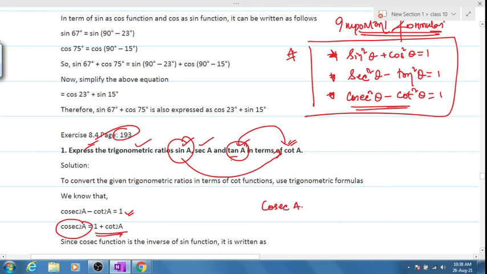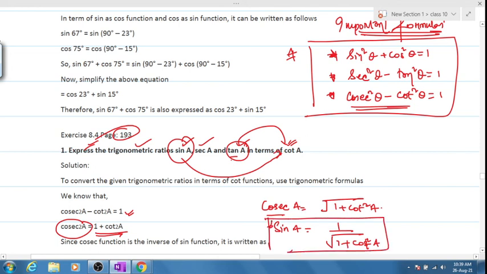Therefore cosec A will be equal to root over 1 plus cot squared A, yes or no? So what will be sine A? Sine A can be written as 1 by root over 1 plus cot squared A, yes or no? So has sine been expressed in the form of cot, yes or no? Is there any query here? Can you similarly convert sec and tan also in the form of cot?